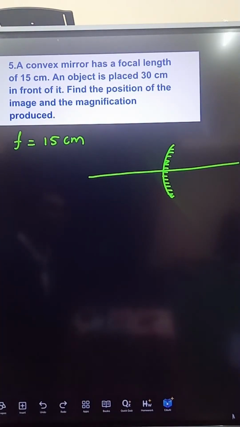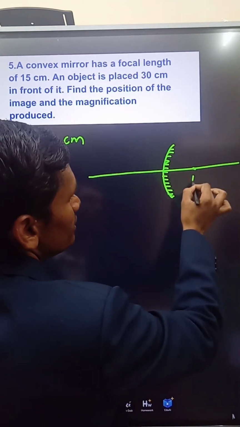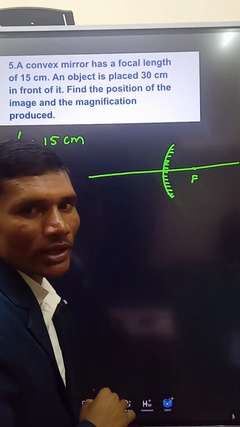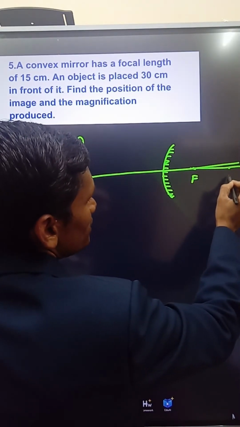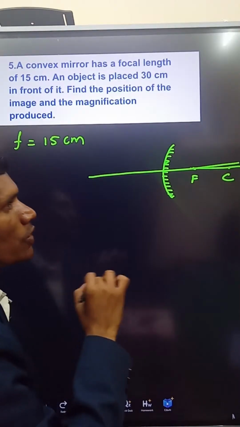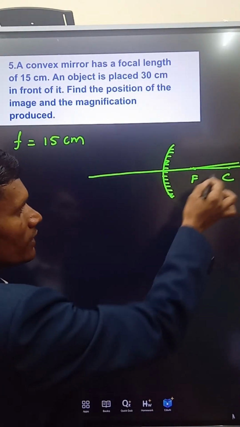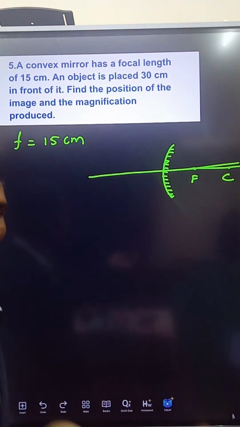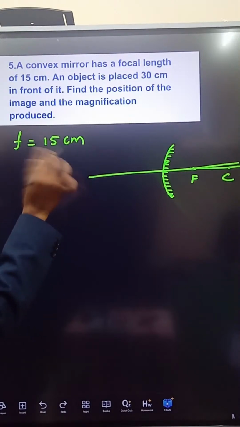If it is a convex mirror, you know where the principal focus is, behind the mirror, right? And where is the center of curvature? That will also be behind the mirror. So the focal length and the radius of curvature both will be positive. That is why f is 15 centimeter, right?